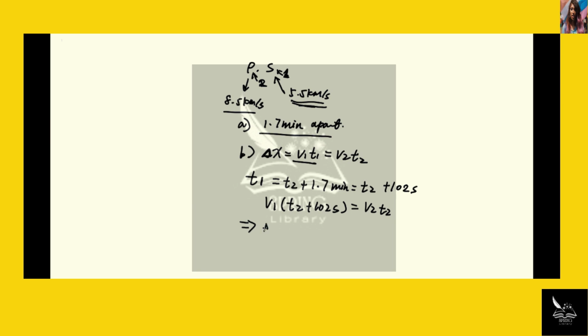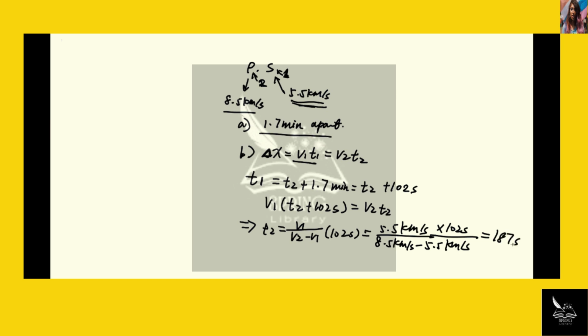By rearranging this, we get T2 equals V1 over V2 minus V1, times 102 seconds, which is 5.5 kilometers per second divided by 8.5 kilometers per second minus 5.5 kilometers per second, times 102 seconds, equals 187 seconds.